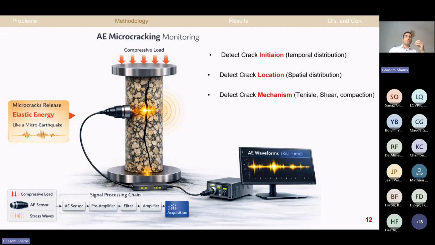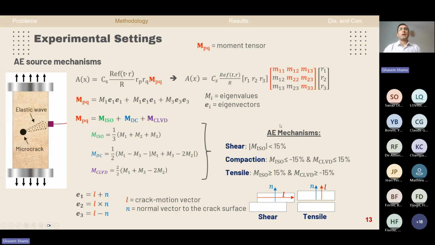Therefore, we use this acoustic emission technique to determine the type of microcracks. I'm emphasizing this because it is very important. I use this technique to determine the type of cracks, which we use to explain why the direct tensile strength is different from the Brazilian tensile strength. And I'm not going to explain this complex mathematical formulation.